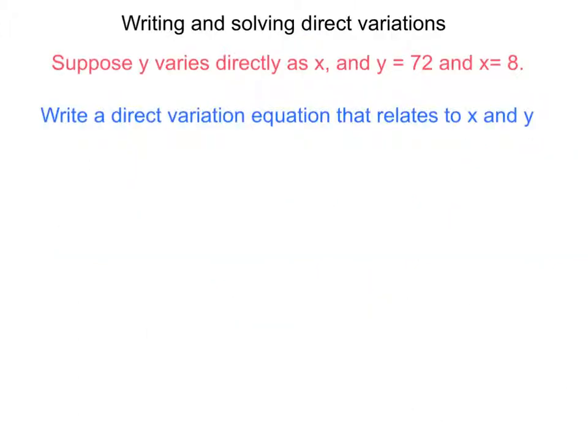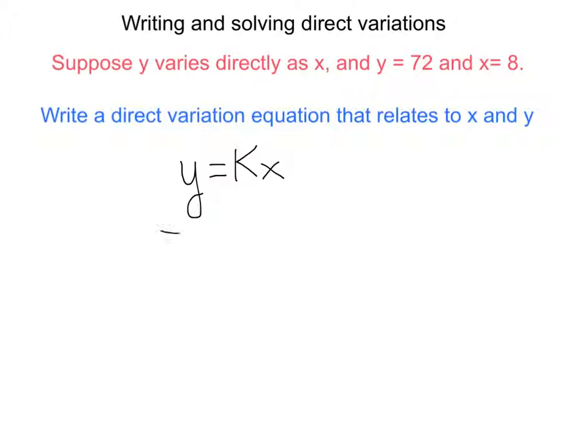So we can also write and solve direct variations if they're in word form. So you may see where it says, suppose y varies directly as x and y equals 72 and x equals 8. So we know that our direct variation form is y equals kx, and then you just plug in what you know.